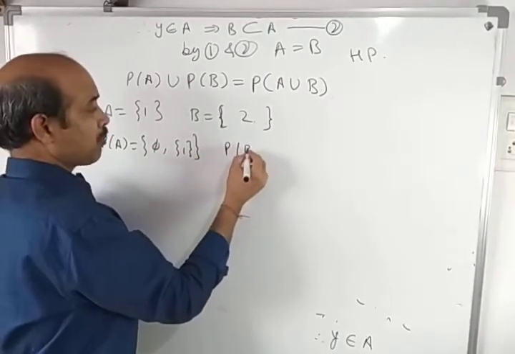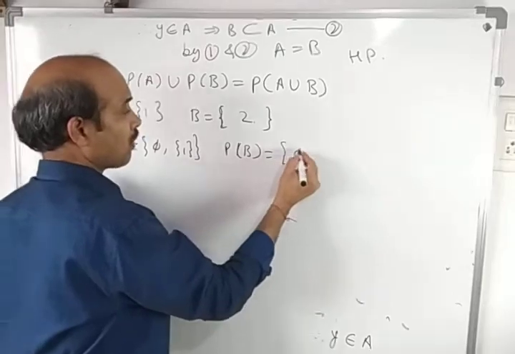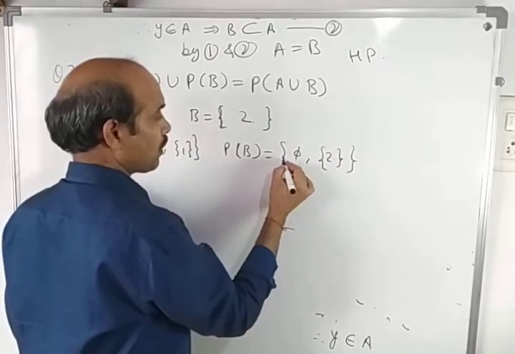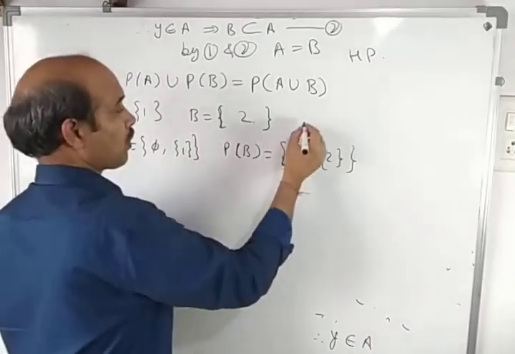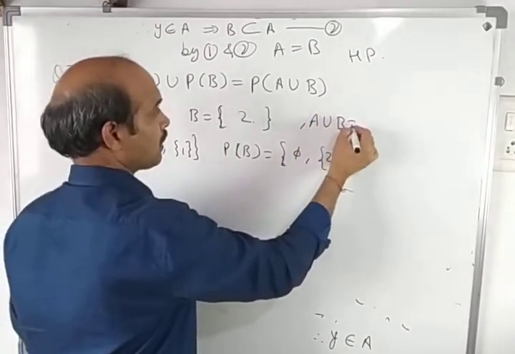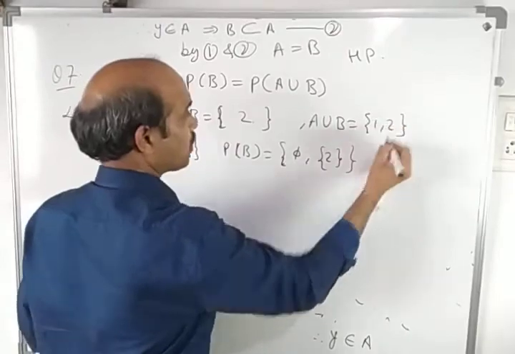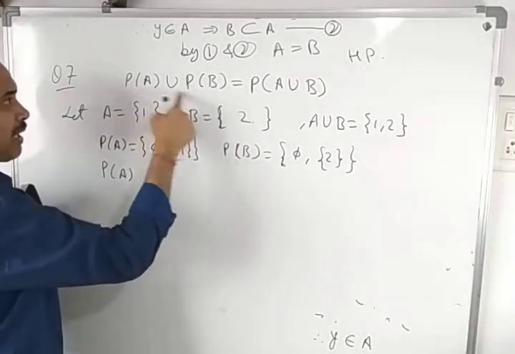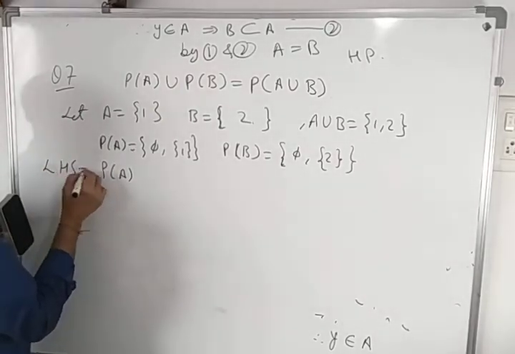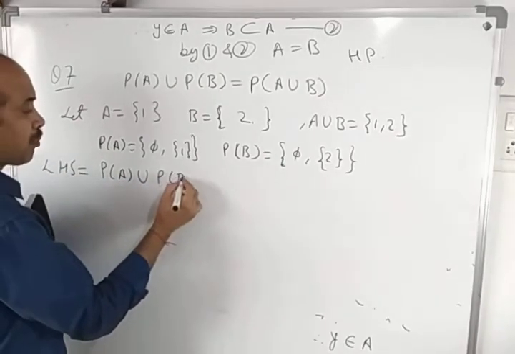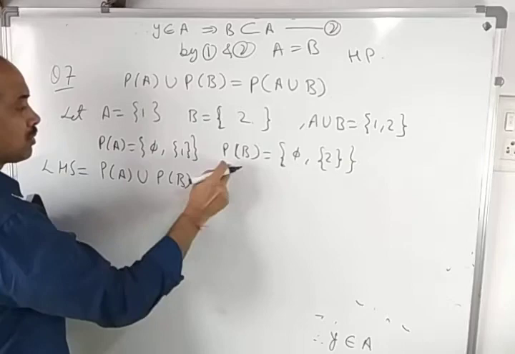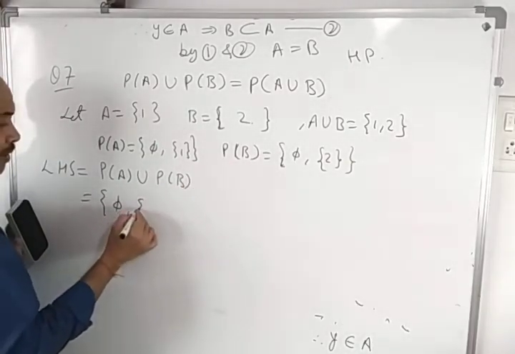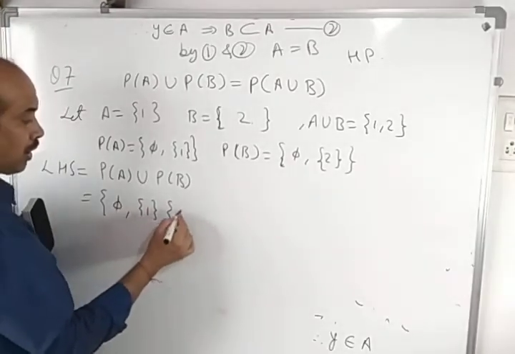What is the power set of B? {∅, {2}, ...}. What is A union B? {1, 2}. We are taking the left-hand side, the power set of A union the power set of B, their union. So it will be ∅, {1} and {2}.